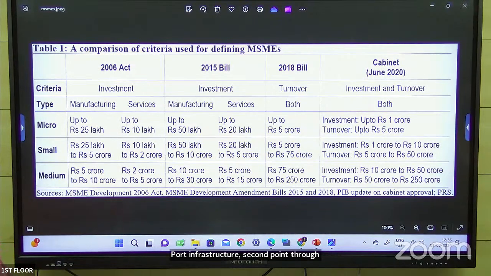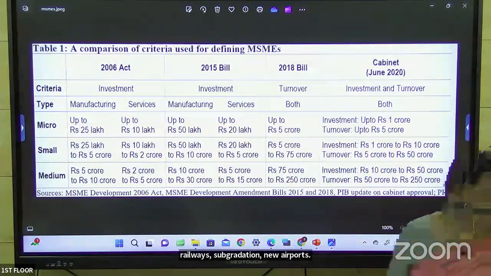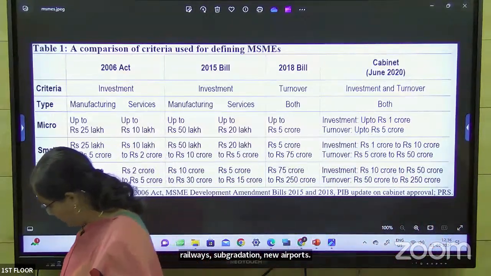Lots of electrification and railways upgradation. They brought in many new airports through the Udan scheme. These are all the key points under it: large scale spending, road connectivity, port infrastructure, electrification, railways upgradation, new airports. Port infrastructure only, I called it Sagarmala.